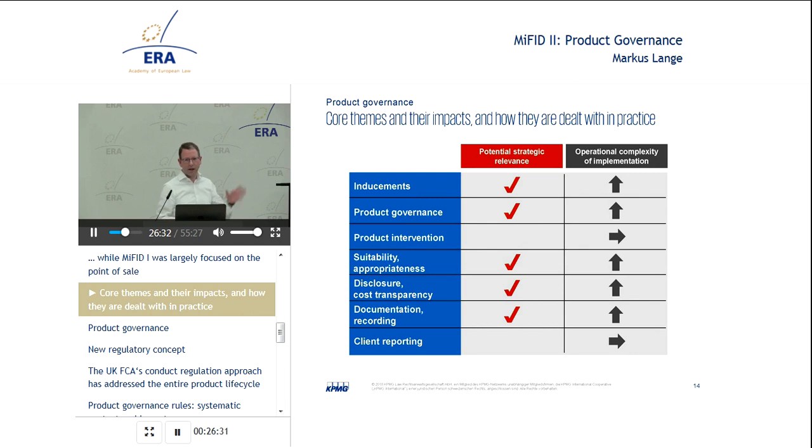Inducements is the best example under MiFID I. I have found an old article of 2008 in a German legal magazine where the author, who was a lawyer in a big bank, was putting forward the idea that inducements may no longer be permissible, because this has been a general rule already, with exceptions.